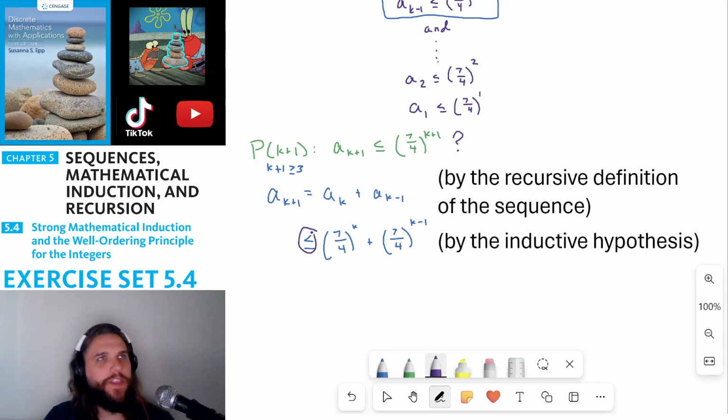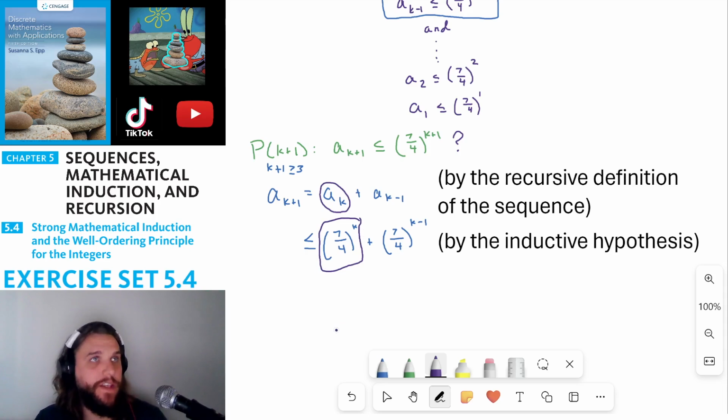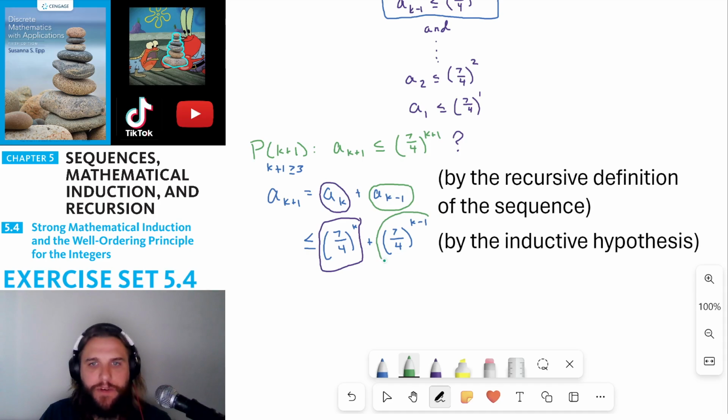So to justify this inequality here, we can simply say that a sub k is smaller than this number here, 7/4 to the kth power, by the inductive hypothesis. And similarly, a sub k minus 1 is smaller than this number, 7/4 to the k minus 1, by the inductive hypothesis. These are two different parts of the inductive hypothesis that we're using to justify this inequality symbol here.